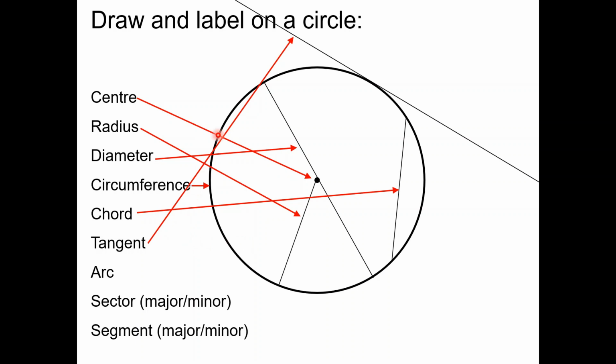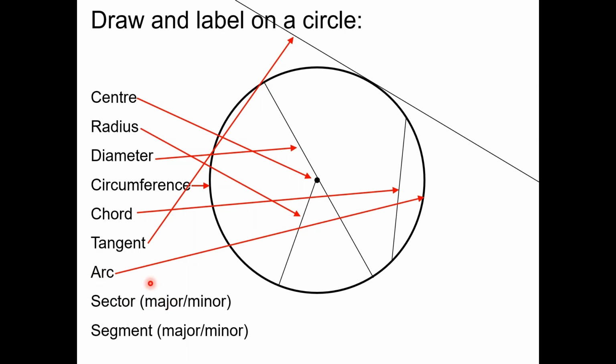A tangent touches the circumference of the circle and makes an angle of 90 degrees to the radius. Now, if we have a chord, then we have an arc. So this is a chord and this is an arc.